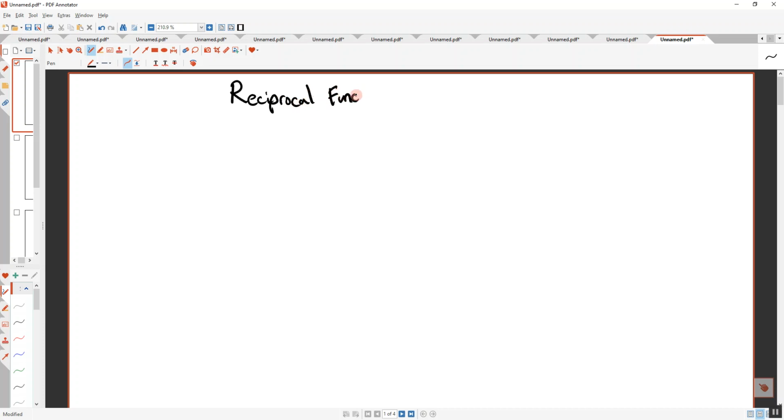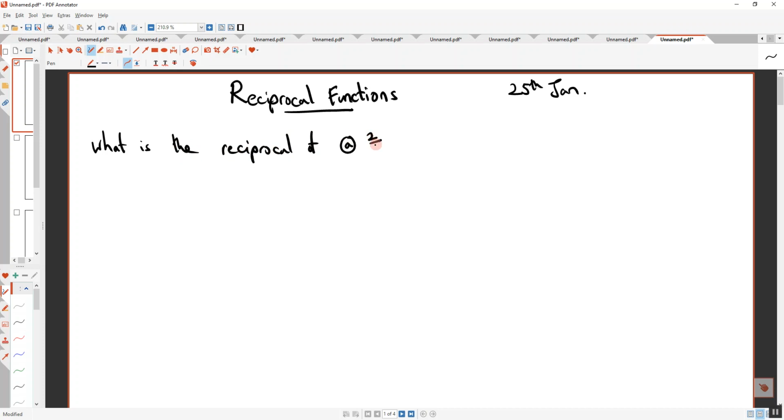Reciprocal functions. First off, what is a reciprocal? The opposite? Switch it up. The inverse. What is the reciprocal of 2 over 3?